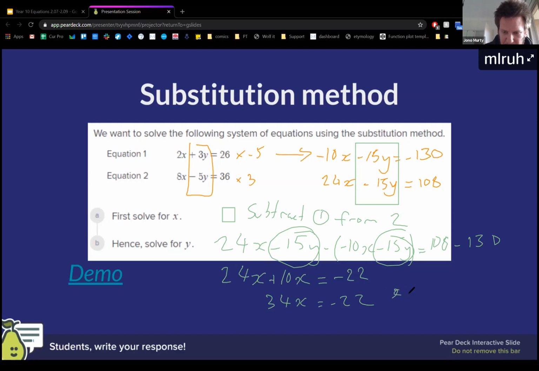That would give us a very horrible number. I think I've definitely done something wrong there. What did I do wrong? I'm going to just start it all again. Something went horribly wrong there.